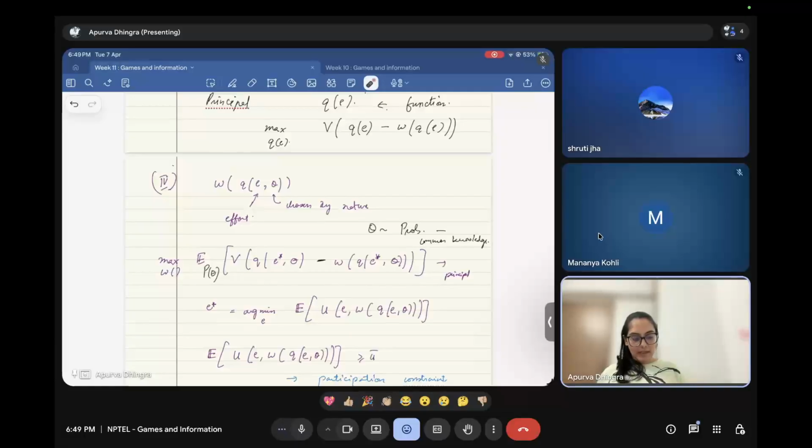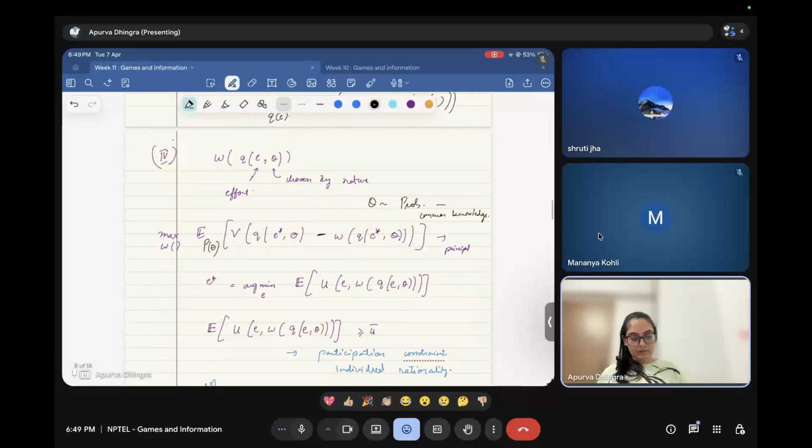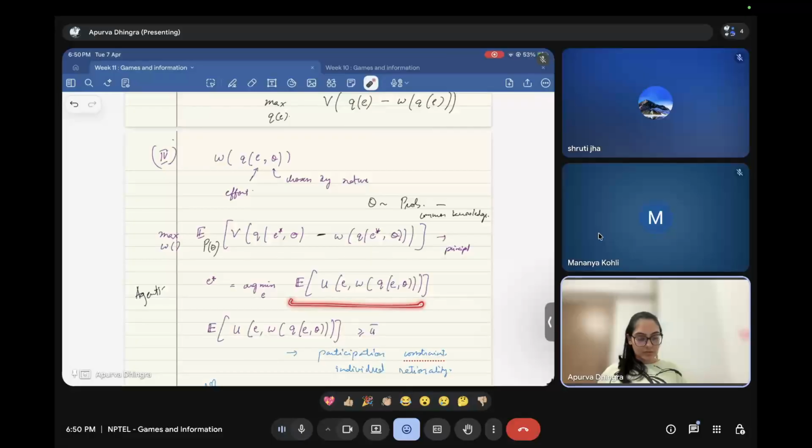And hence, in response to this, the best response for the agent in this scenario would be to put in enough effort to maximize the expected utility, again taken with respect to p of theta, of this object e comma w, which depends on q, which depends on e and theta.